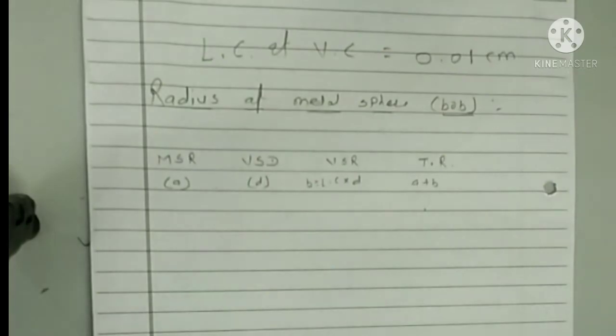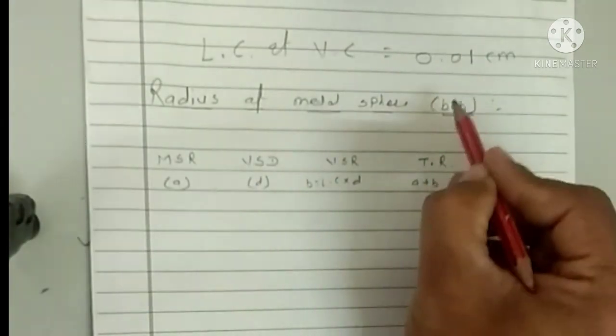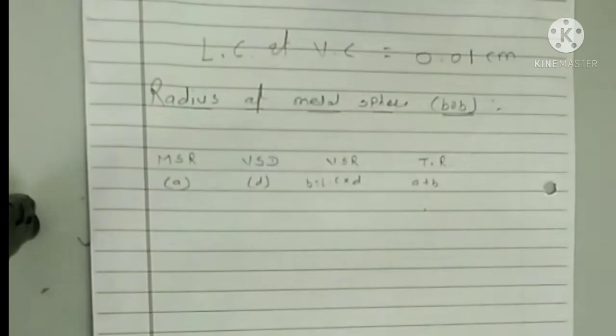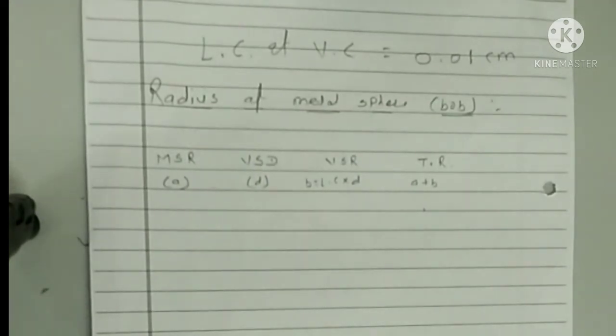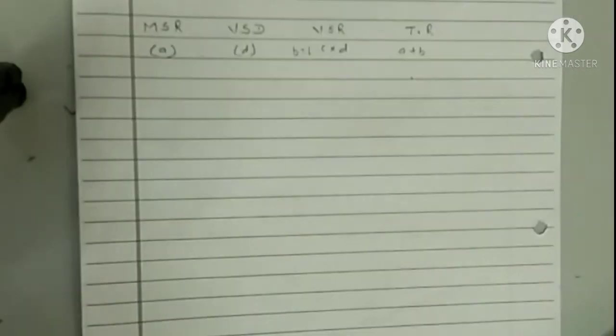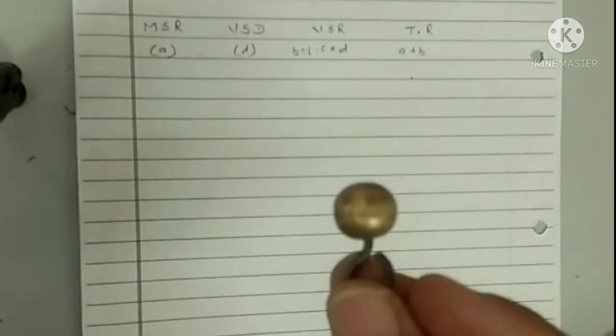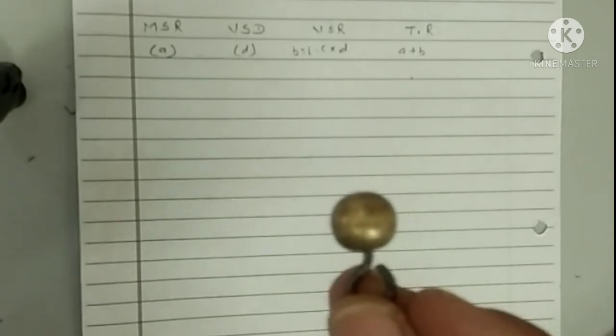It means that using this vernier caliper, the minimum reading we can measure is 0.01 centimeter, right? So using this we want to measure the diameter of this metallic sphere. After the diameter, we calculate the radius of the metal sphere.